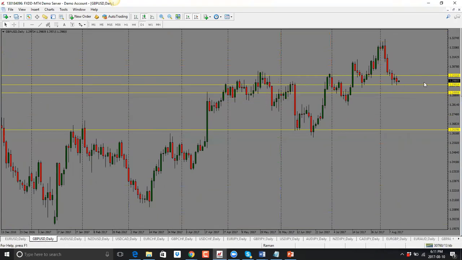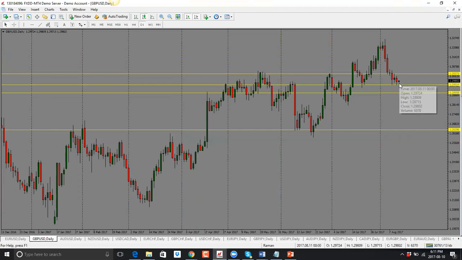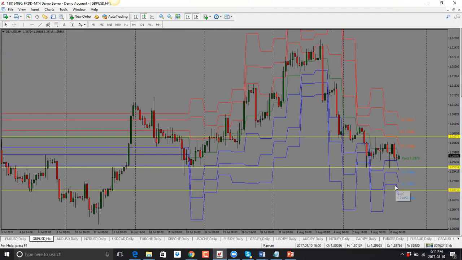If the price does not break below this 1.2950 level, then chances are it's going to go up higher, and we are looking for price to go into this 1.3020 level, kind of back into the top of this pin. So for now, our bias is bearish, but the important level will be 1.2950. If it doesn't break, then we're looking at a move higher.